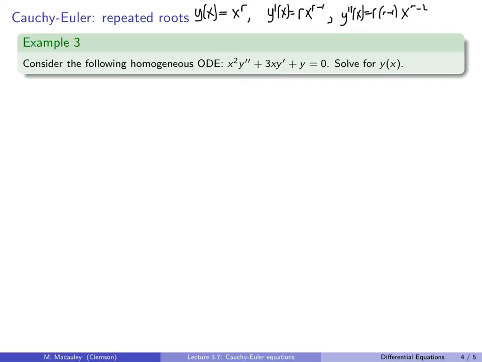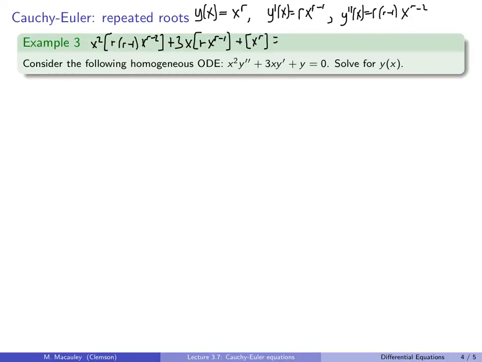When we plug this back in, we have x squared times r(r minus 1) times x to the r minus 2, this is my y double prime. We have 3x times y prime, which is r times x to the r minus 1. And then we have plus y, which is x to the r.